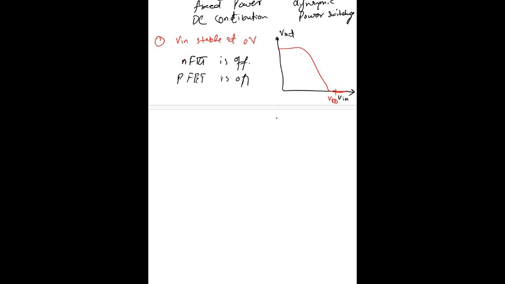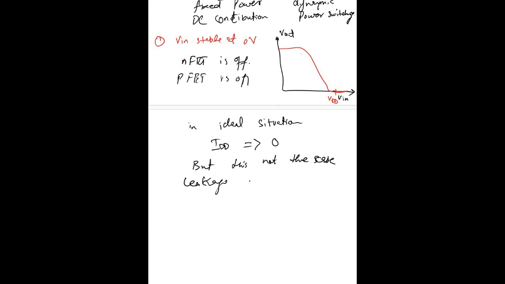So in the ideal situation, IDD is equal to 0, but this is not the case, because there is some leakage current which exists, and is known as IDDQ.